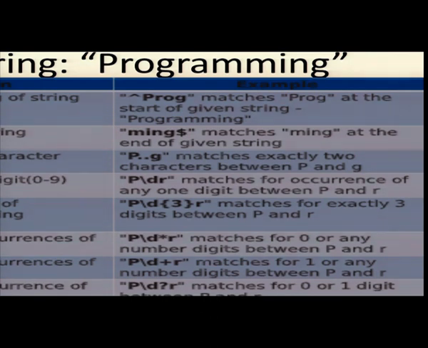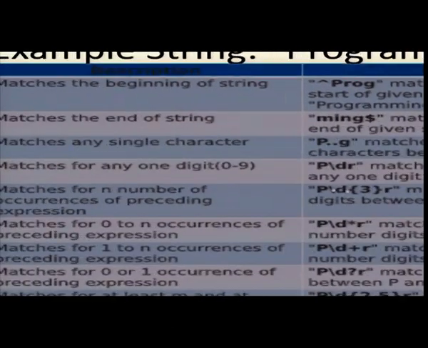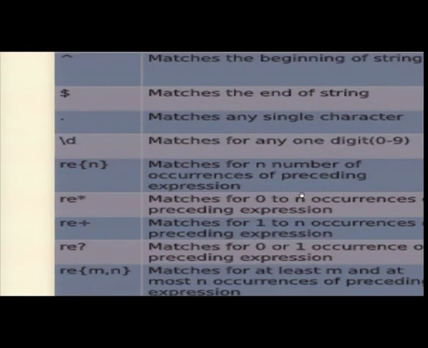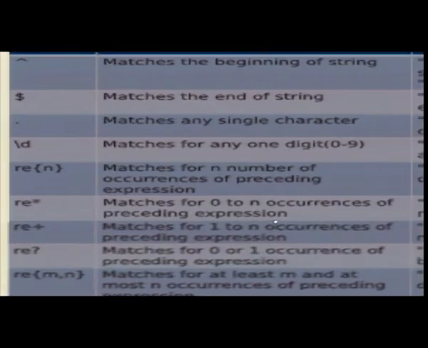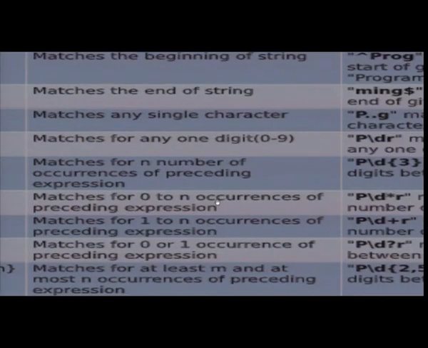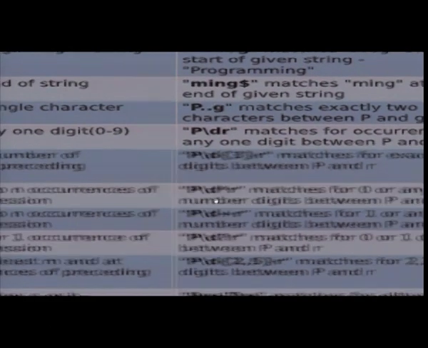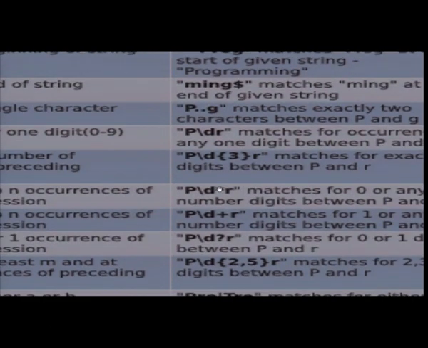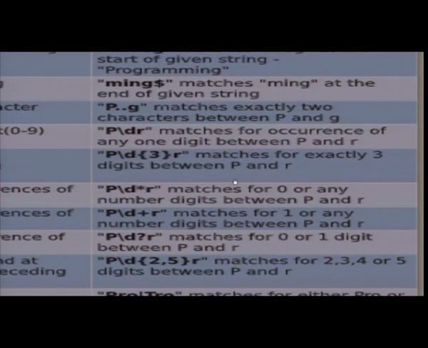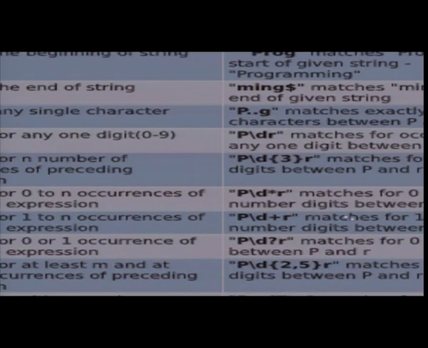That is the reason I have stated the double dot. Then \d matches any one digit between 0 to 9, and if I give it as P\dR, it matches the occurrence of any one digit between P and R.